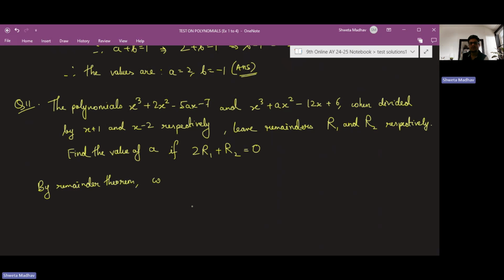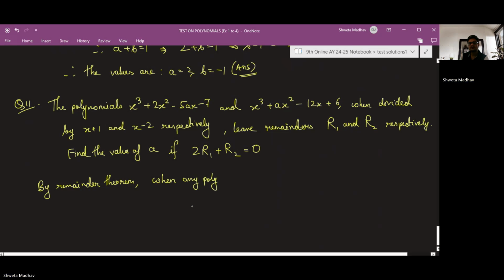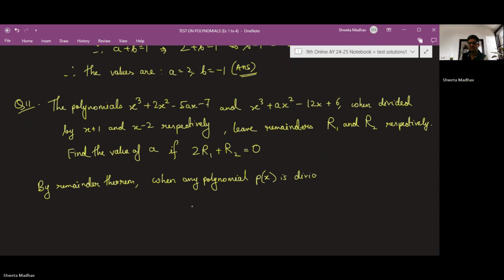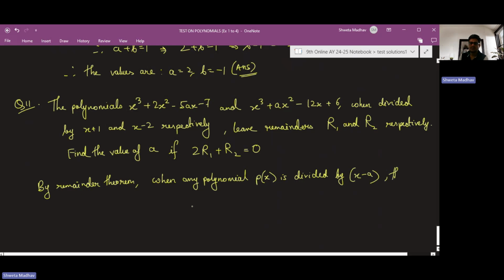By remainder theorem, we can say that when any polynomial p of x is divided by x minus a, then the remainder is p of a.